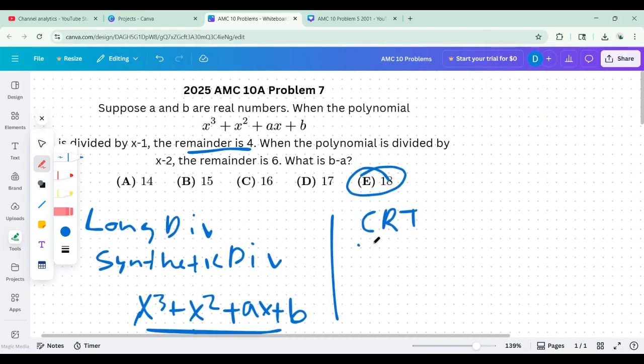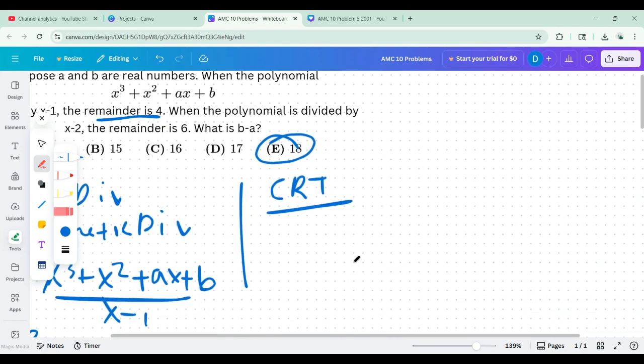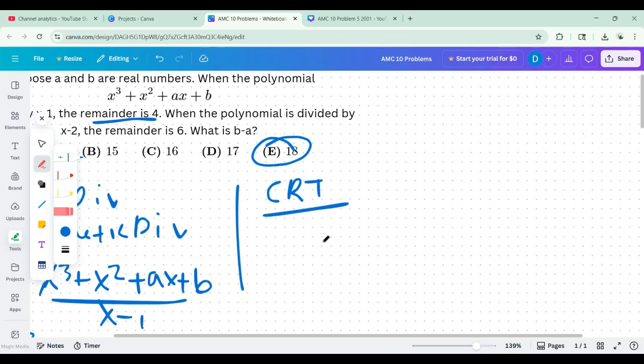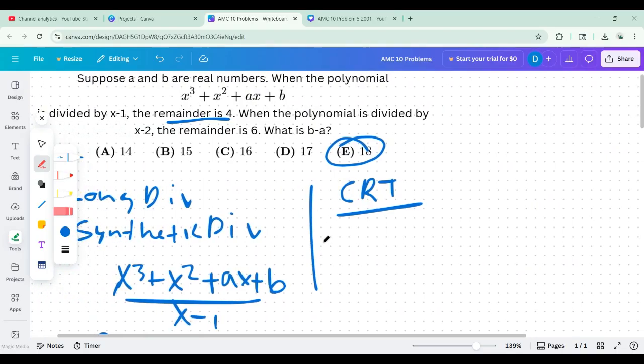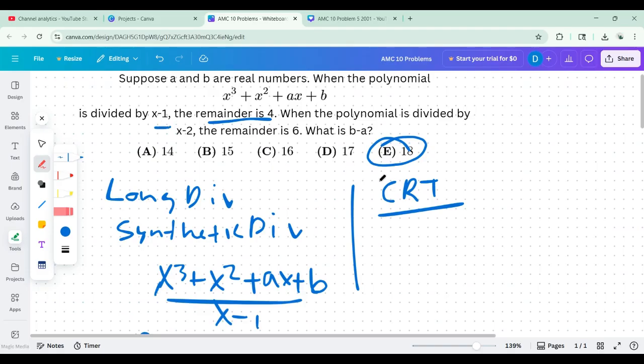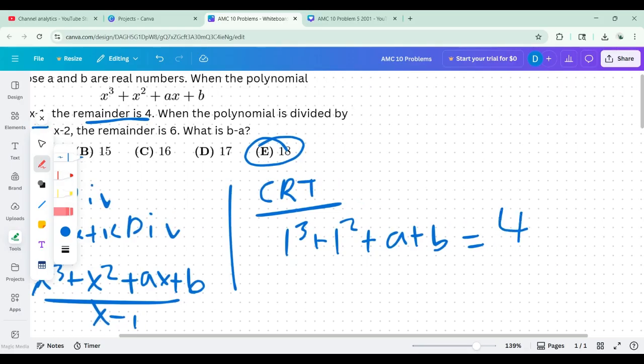And using the Chinese remainder theorem, the second method of solving it, we can verify our answer. So in the Chinese remainder theorem, we can essentially just plug in the value of 1 into the equation. So we have 1 cubed plus 1 squared plus a plus b, and we get a remainder of 4.